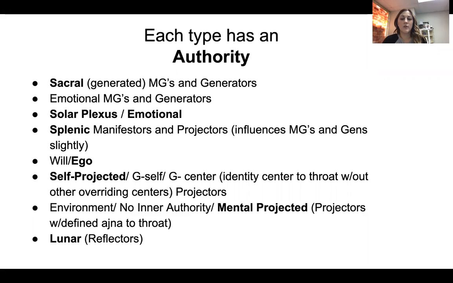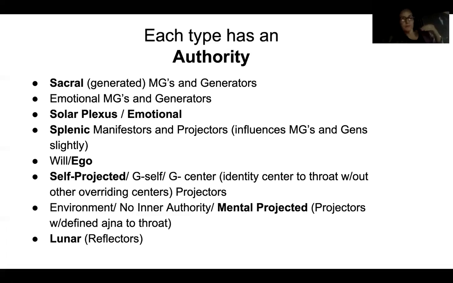Yeah, so the mental, and help me again, I am trying to remember the difference between a mental and a self-projected, because this part is very subtle. It is, yeah, it is very subtle. So the self-projected one, if you have the G center and that's your inner authority, the verbiage around it was that you needed to talk it out and kind of see the reaction of the other person.